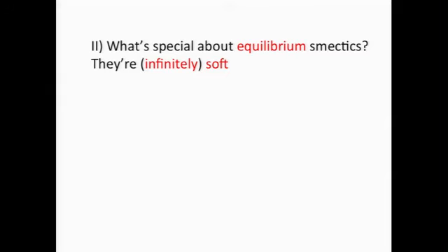Now, what's special about equilibrium smectics is that they're infinitely soft. And what I mean by infinitely is, of course, a scaling statement. The reason they're infinitely soft is the symmetries of the system. I should have specified at the outset, I'm talking about systems that spontaneously layer in a direction that is not picked out externally, but that they spontaneously pick out themselves.